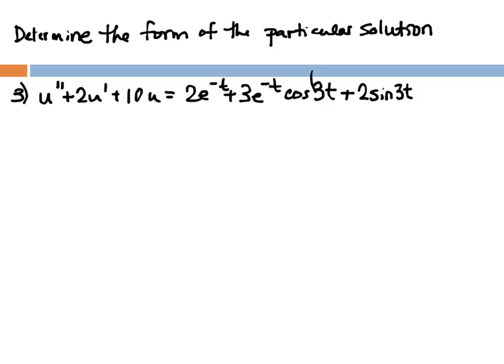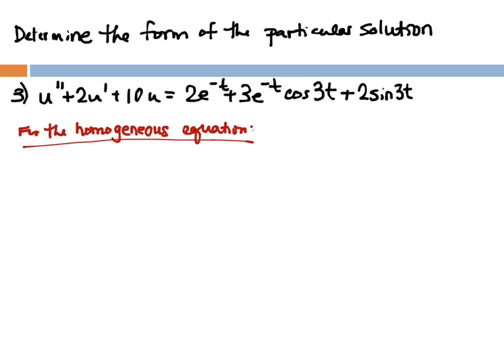So to start with, for the homogeneous equation, let's figure out what we would have for r. Because we may need to modify suggestions based on if we have 1 or 2, if they're real or they're complex and so forth.